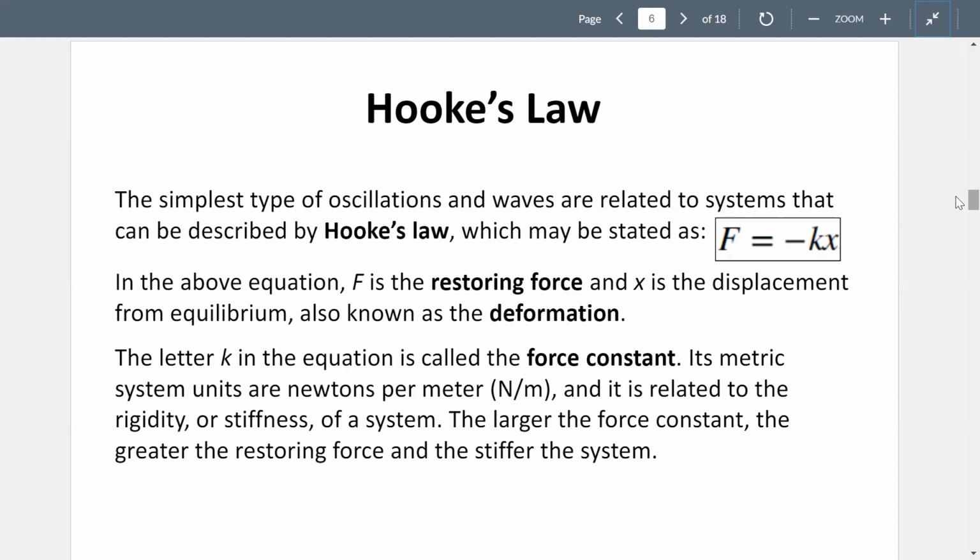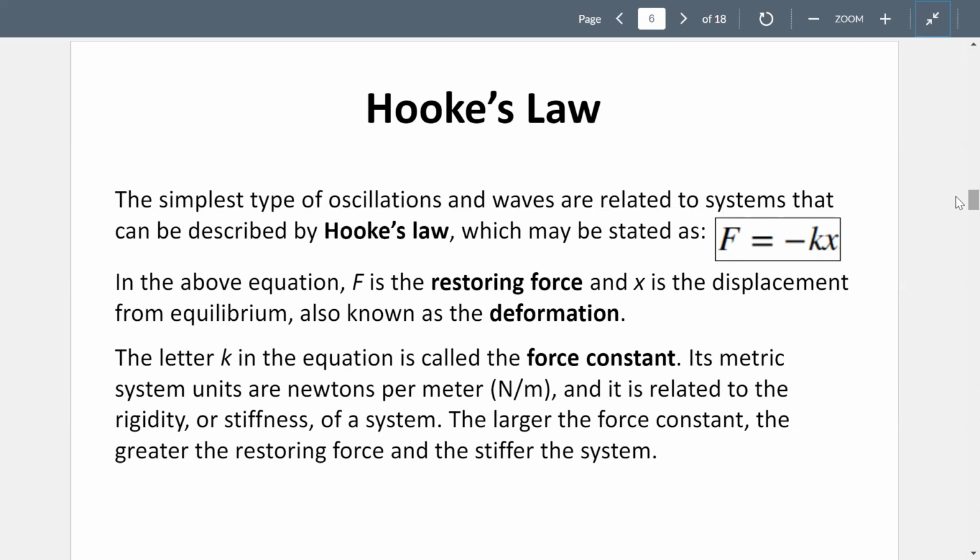All right, and in this equation, k is called a force constant, and the units for the force constant go right along with force per unit displacement, or newtons per meter. Okay, and it tells you how rigid or stiff your oscillator is. A larger force constant, big values of k, mean that the system is stiffer and therefore going to need or create a larger restoring force.